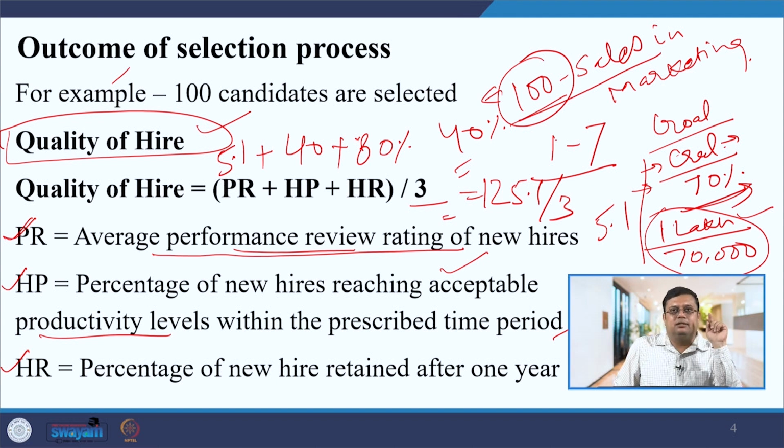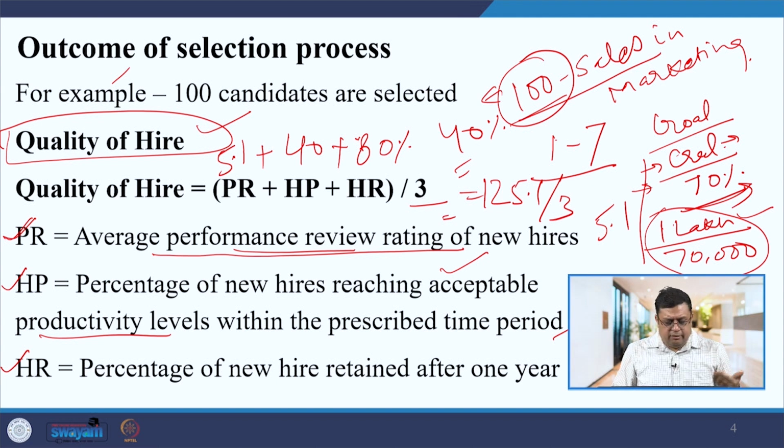It means there is a question of validity of that test. So, you need to check whether that test is applicable to assess that particular skill or not. If it is not, then you can think about changing the assessment method of these people.